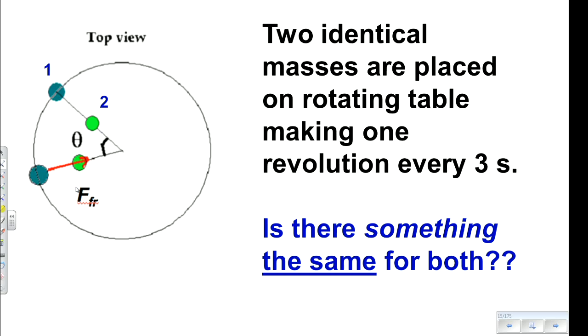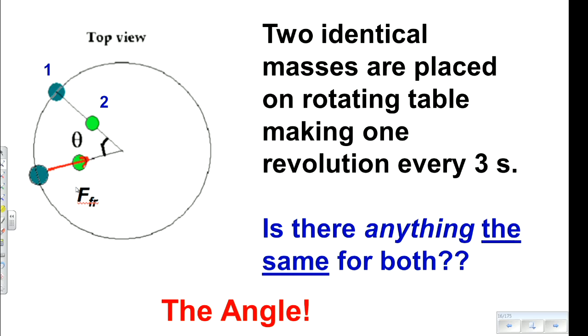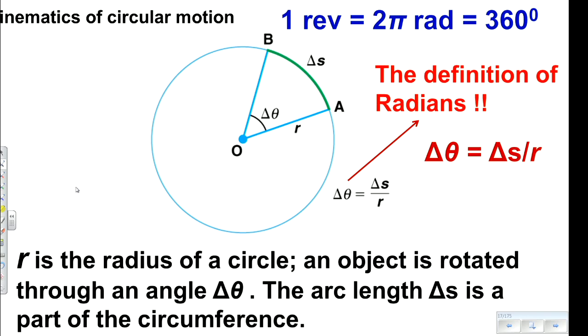The angle. Turns out, to describe rotational motion, the angle is a much more convenient variable to be used. So first we need to introduce a new unit, which you know very well, a radian. This is an official definition of a radian.